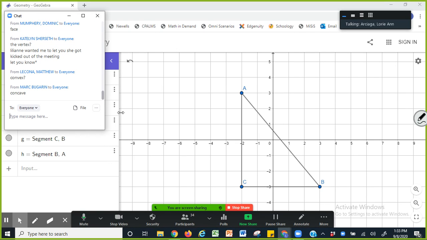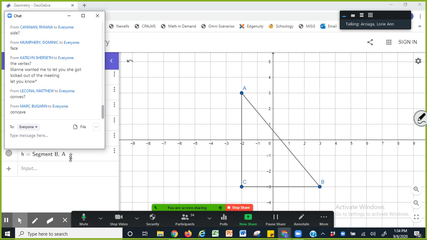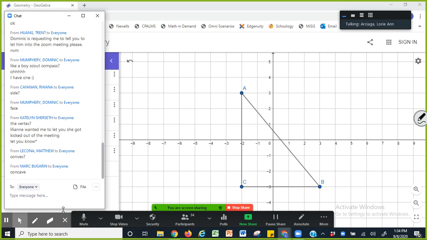Are we good to go? I can't tell for sure, but I'll give you 10 more seconds of wait time and then we're going to get started. So in this problem, we're supposed to find the perimeter. I'll give you 5 more seconds. If you already know what to do, don't wait for me.